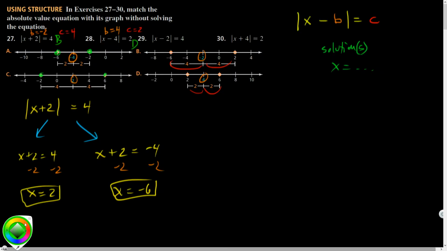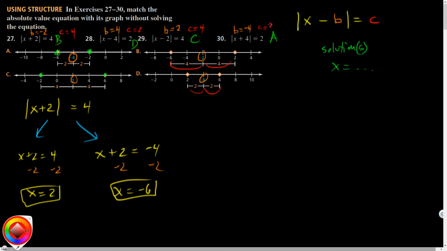29, what's the value of Bravo? 2, what's the value of Charlie? All right, so midpoint of 2, distances of 4, looks like C. And then process of elimination, I'm guessing A. Bravo here would have been -4 and Charlie would have been 2.